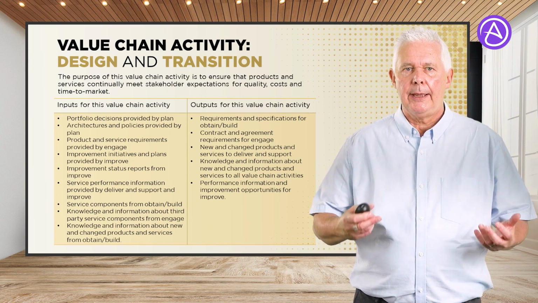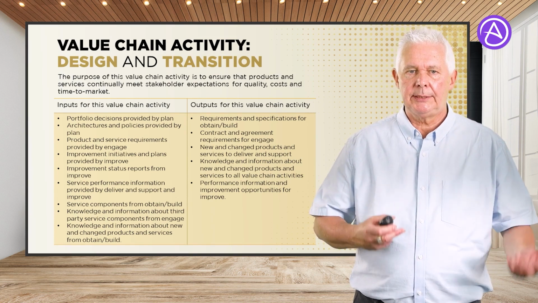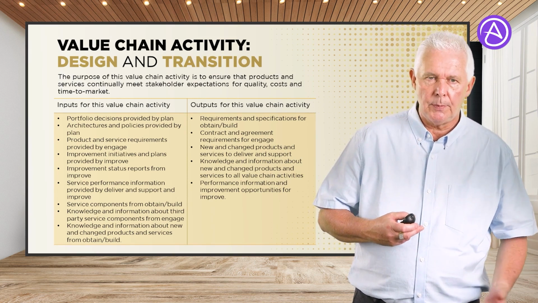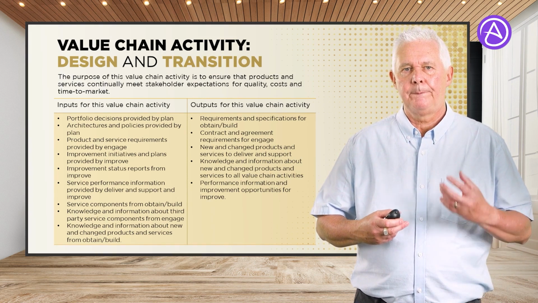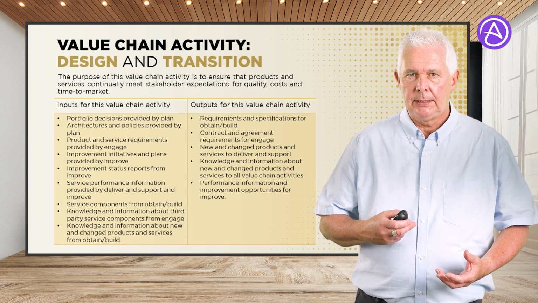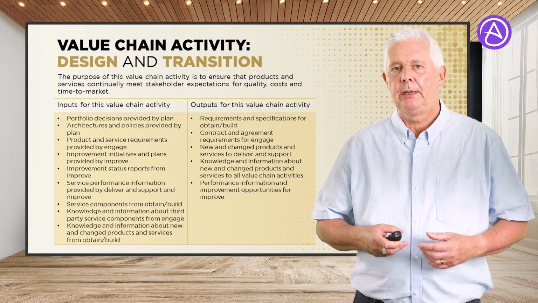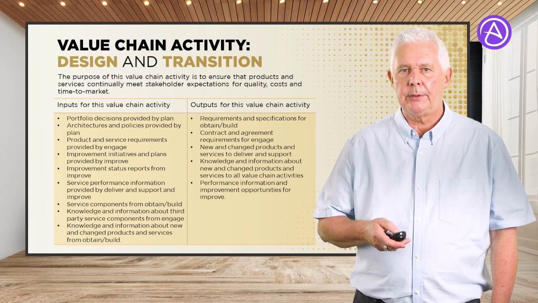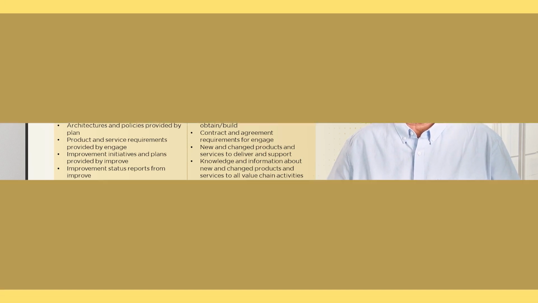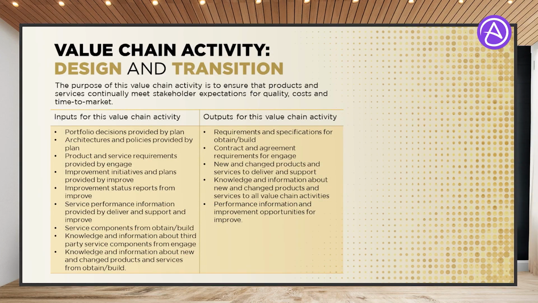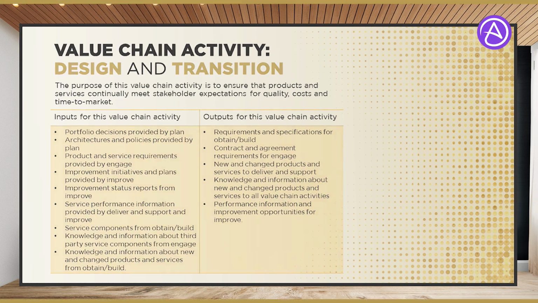Okay, so it's very much understanding what the consumer requires, building that into the design, and then making sure that we're able to deliver that, and transition it into the production environment to quality, to cost and time to market. And again, some suggested inputs and outputs for this value chain activity, which we don't need to go through, but are there for your reference.